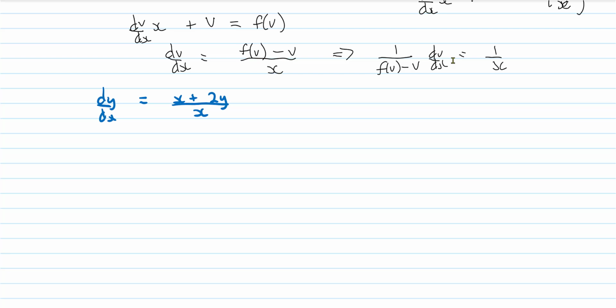Currently, we can't separate the variables, we can't use any of the techniques we've learned so far. So we need to use this substitution, y equals vx, and solve from there.